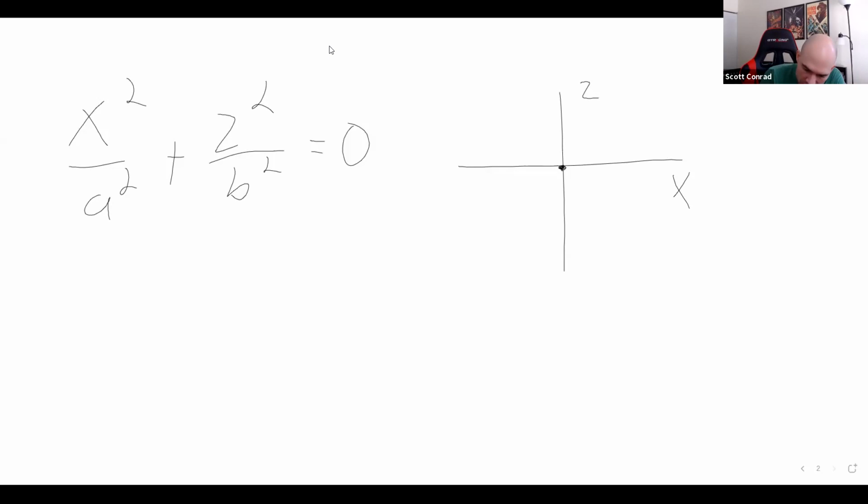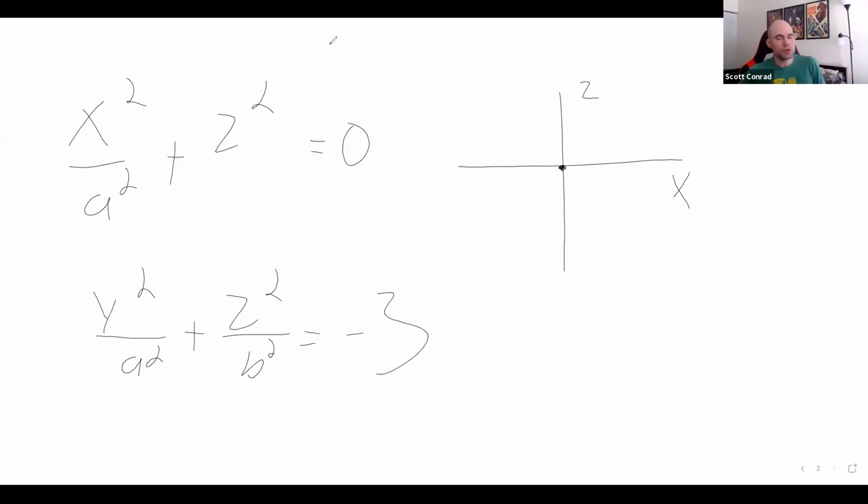And also sometimes you can get something like this. So you get y squared over something plus z squared over something equals a negative number.